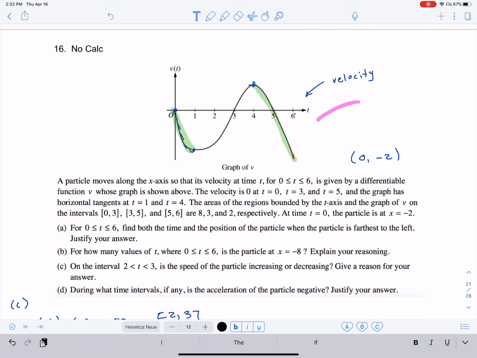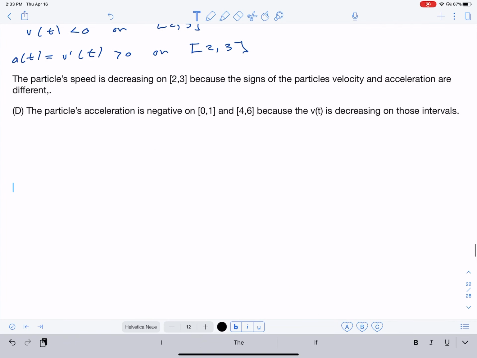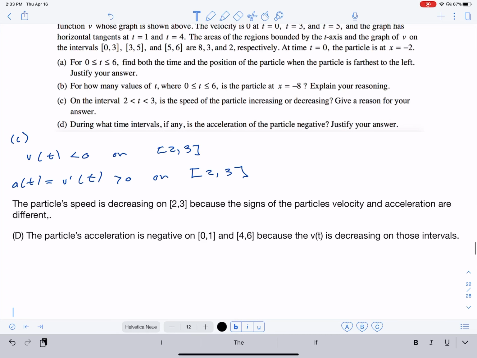And again, I had to use the word decreasing because we were looking at the derivative of this. By using the word decreasing, I'm saying I'm taking the derivative. I can't say positive or negative there because I wasn't given the acceleration function. Anyway, that is problem 16.